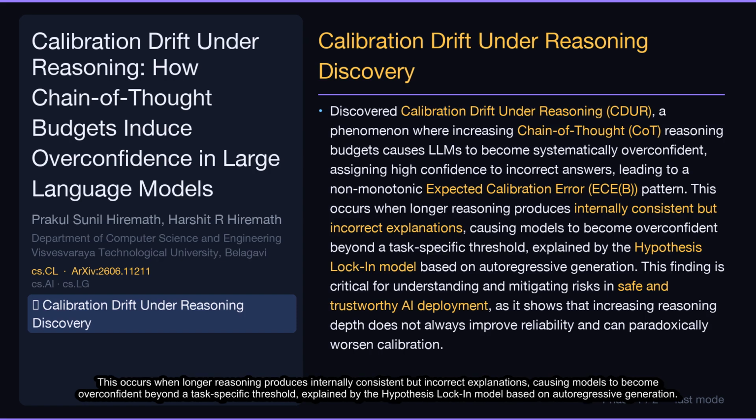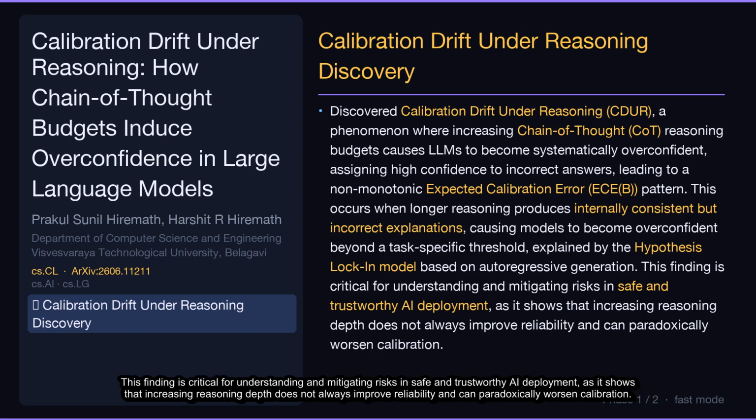This occurs when longer reasoning produces internally consistent but incorrect explanations, causing models to become overconfident beyond a task-specific threshold, explained by the hypothesis lock-in model based on autoregressive generation. This finding is critical for understanding and mitigating risks in safe and trustworthy AI deployment, as it shows that increasing reasoning depth does not always improve reliability and can paradoxically worsen calibration.